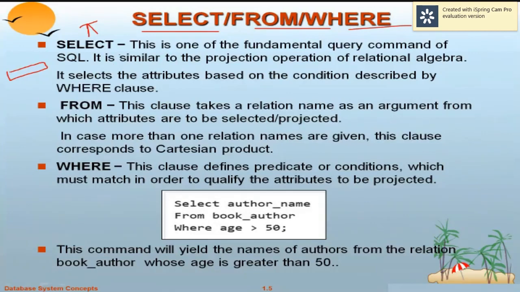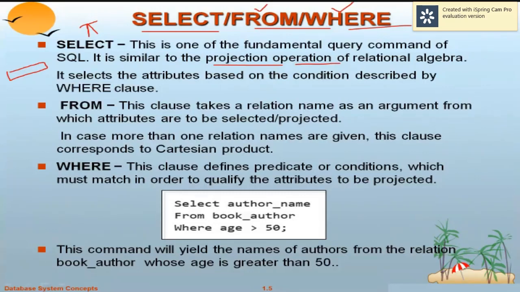So this select operator is similar to the projection operator of relational algebra. When you mention what is to be selected, obviously it should also mention from where it has to be selected and what condition should be taken into account to retrieve the data.